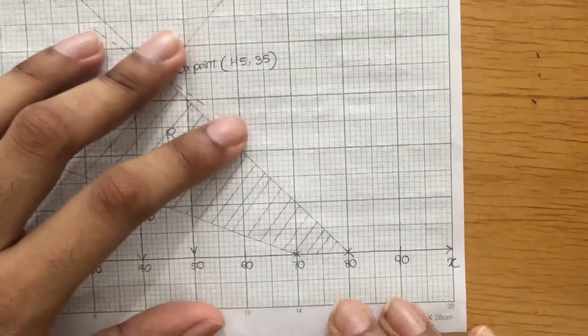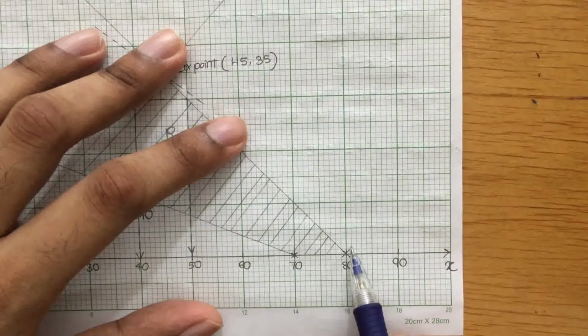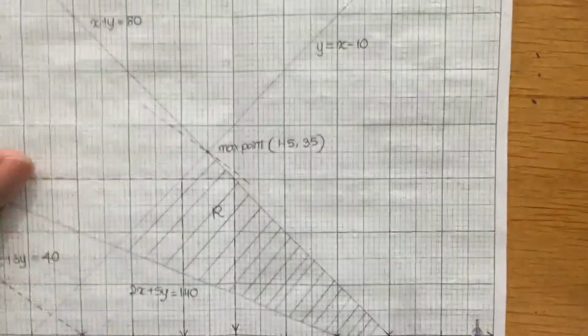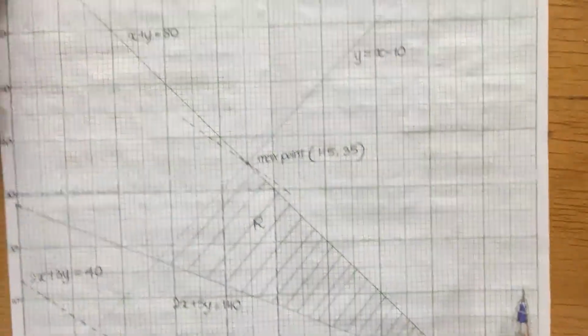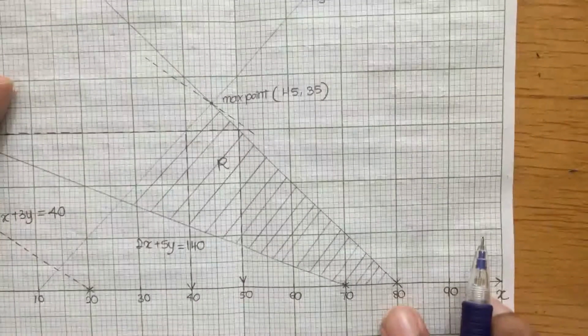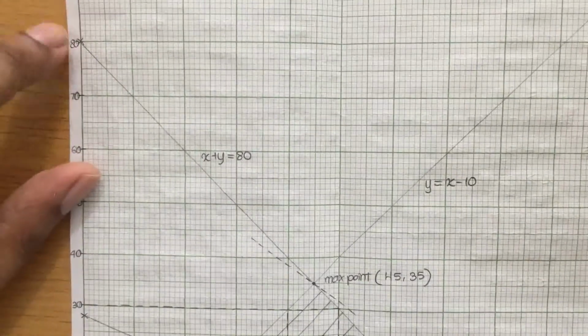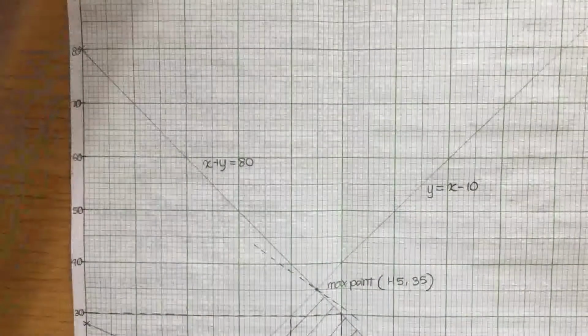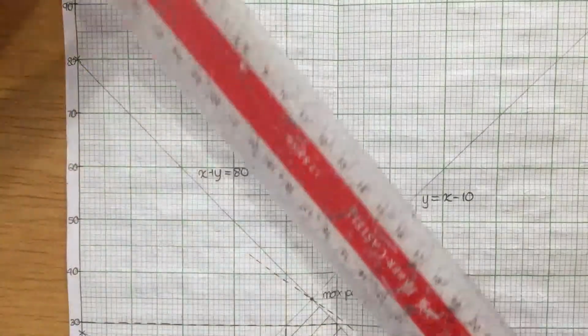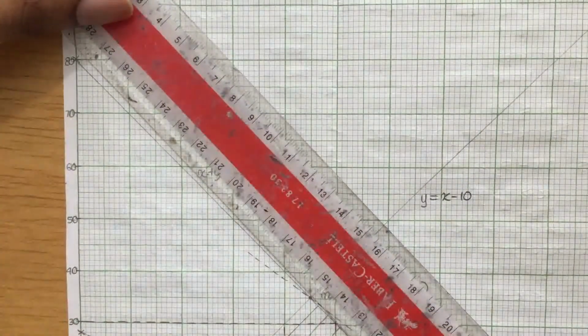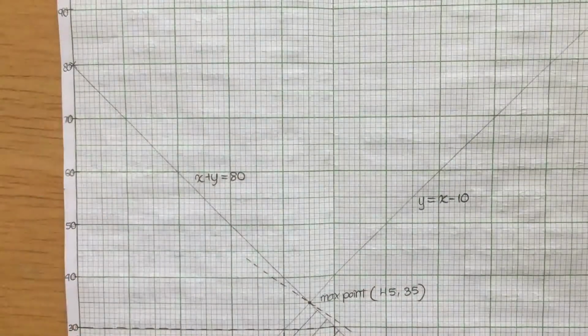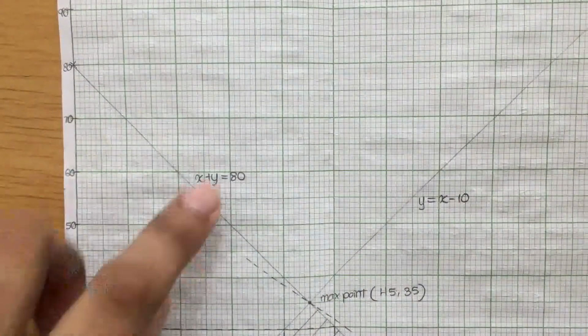As you can see over here, this is x equals to 80. So I mark one point over here. Once you have these two points, you can use a long ruler and plot the graph. This is for the first constraint.